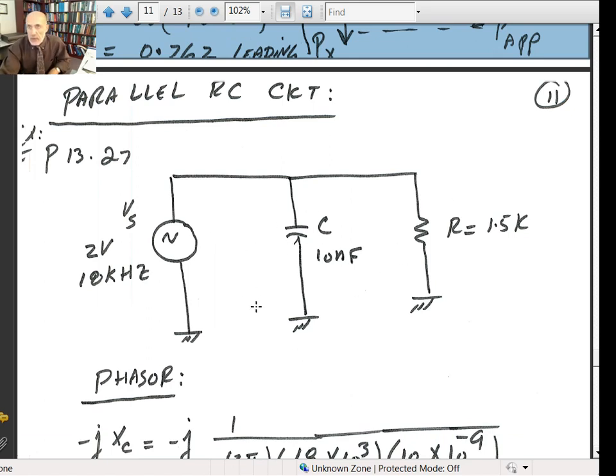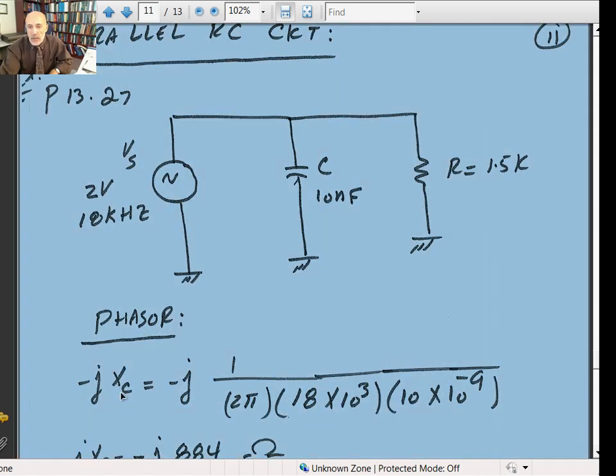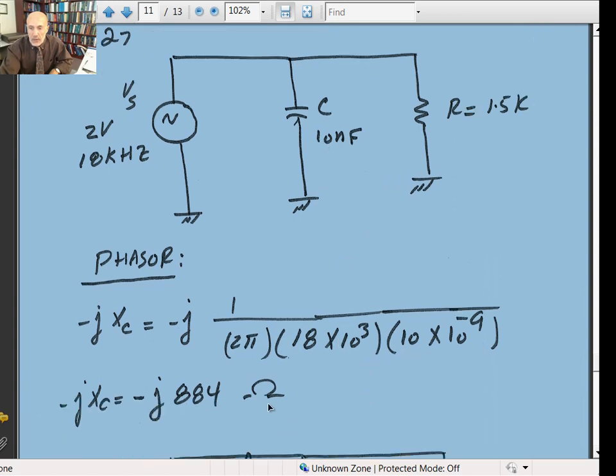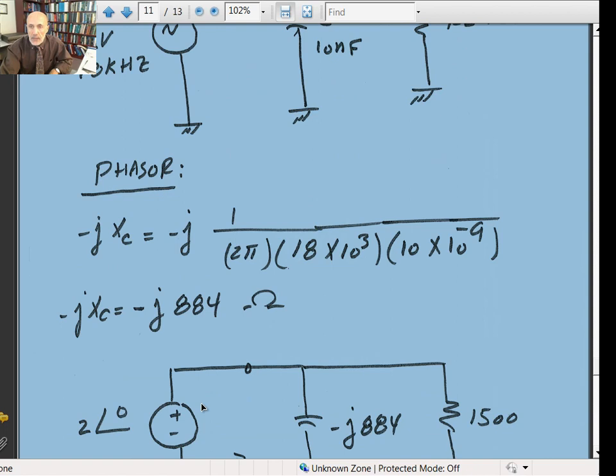you can convert everything into the frequency domain, or phasors. X_C is minus j times 1 over 2 pi times 18 times 10 to the 3, that's the frequency, times the value of C, which is 10 nano, 10 to the minus 9. Calculated, it gives you minus j 884 ohms. Putting everything in the frequency domain, the resistance stays the same.